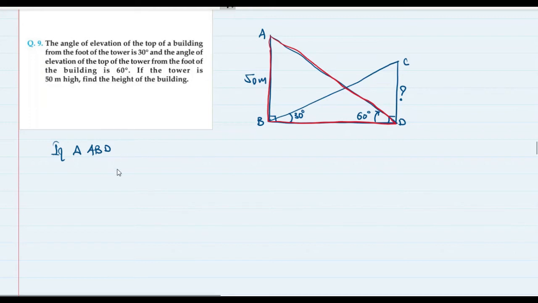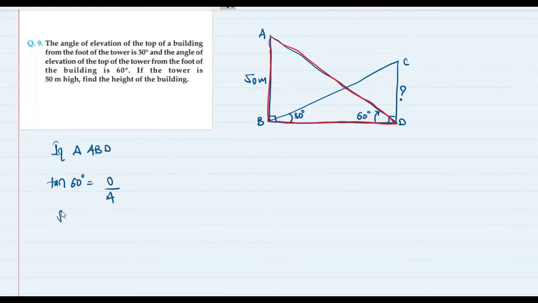So triangle ABD, which is highlighted with red color, angle ADB is 60 degree, and we are concerned with opposite, that is AB, and adjacent, that is BD. So tan 60 is equal to opposite upon adjacent.